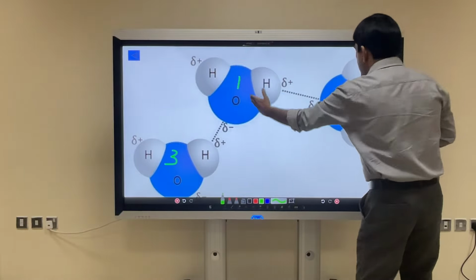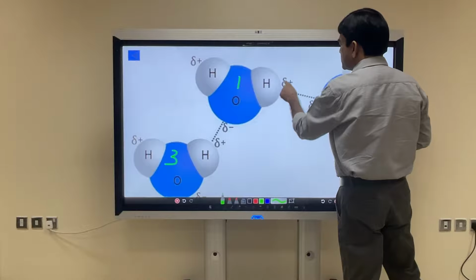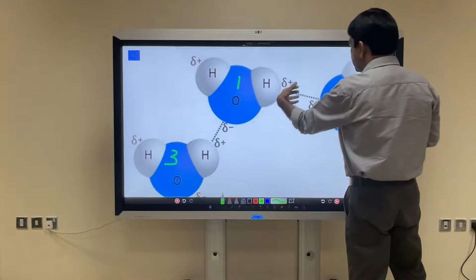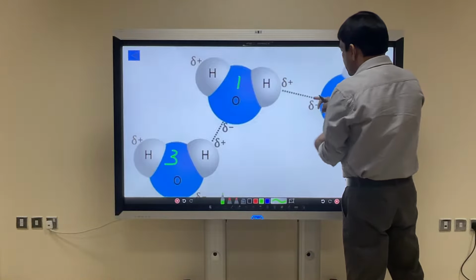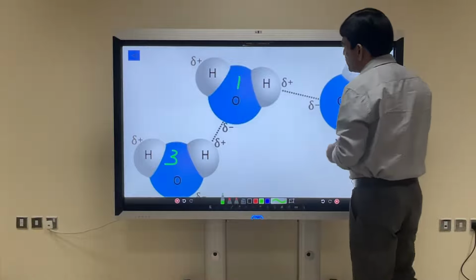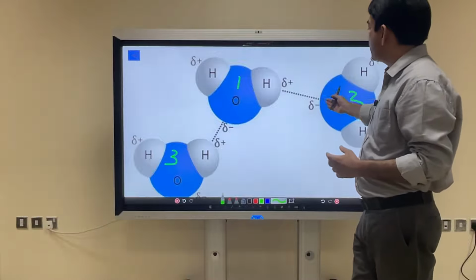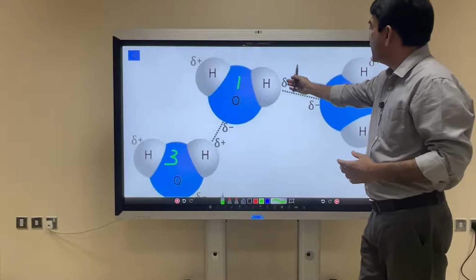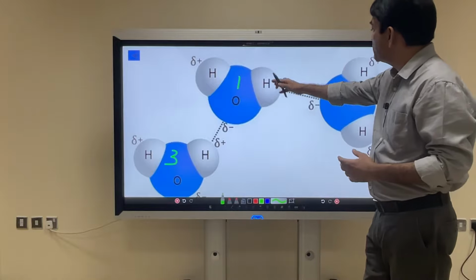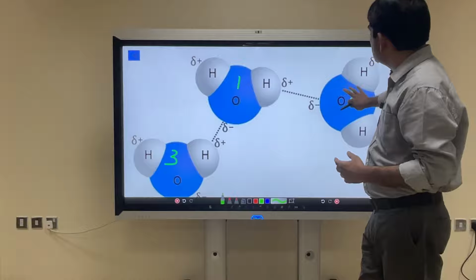From 1 to 2, the hydrogen which has a delta positive charge aligns in a way that it binds with the delta negative of oxygen. So there is a formation of a hydrogen bond. There's an electrostatic force of attraction between the partially positive hydrogen from water molecule 1 and the partially negative oxygen from another water molecule.